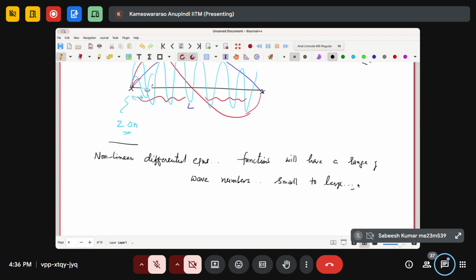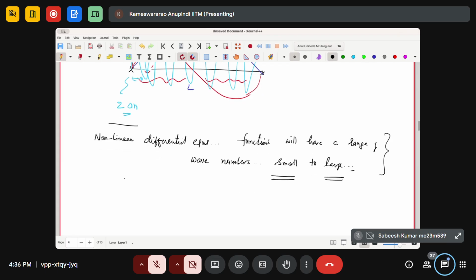We should be able to capture all these values when we take a derivative. But we will see if the corresponding finite difference scheme faithfully or correctly represents the derivative at small wave numbers, at high wave numbers, at both of them, or at none of them. That's the question we're going to look at.